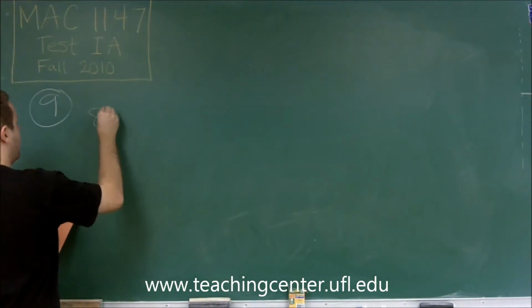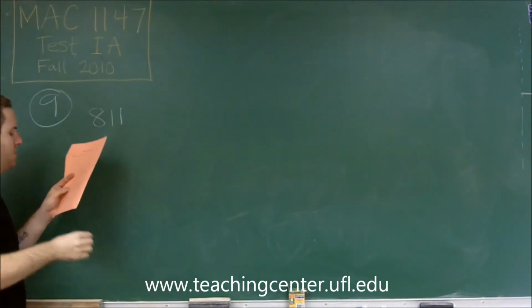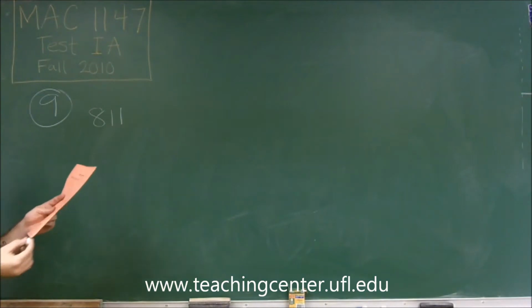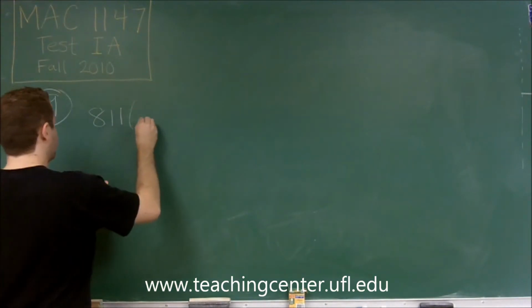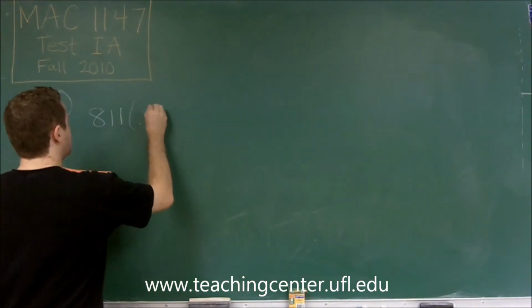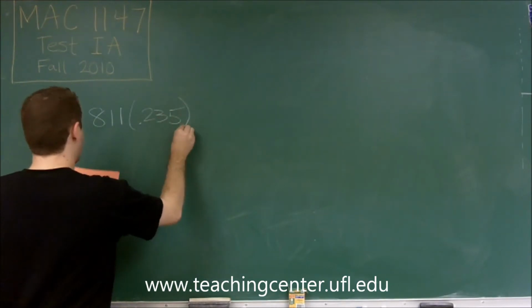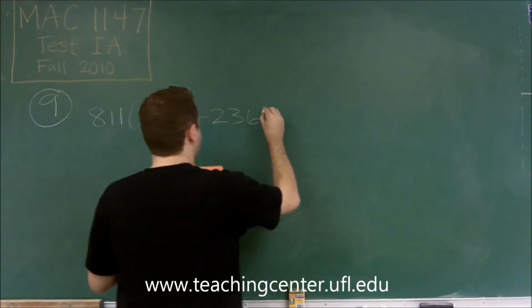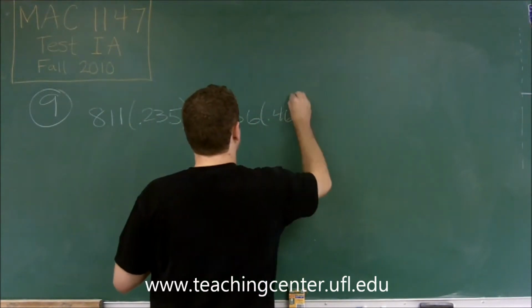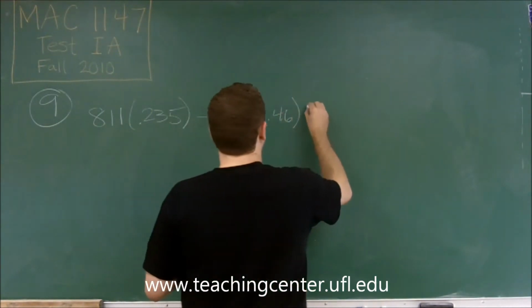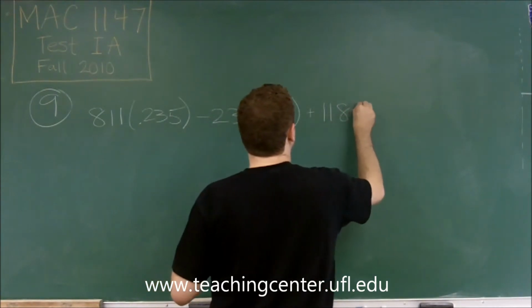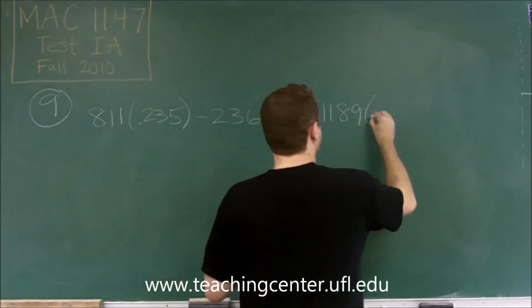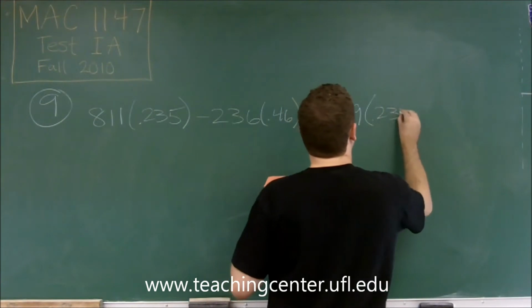So we have 811, and instead of the multiplication signs, I'm just going to write them in parentheses. Times 0.235 minus 236 times 0.46 plus, okay, so in this term here, we have 1189 times 0.235.